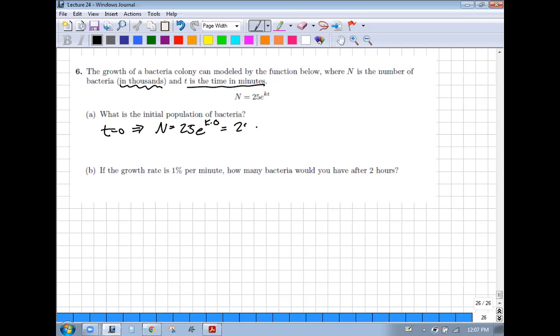This is 25 e to the 0. Anything to the 0 power is 1. So it's 25, but n is in thousands. You can always see with an exponential function, if you put 0 here, this is just 1. So it's really easy to see the initial population is 25,000. That's the way exponential functions work.